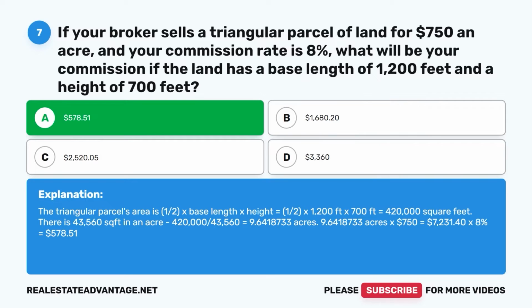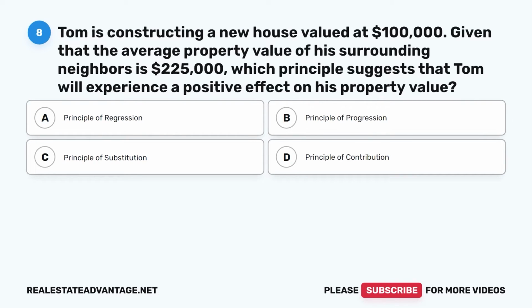There are 43,560 square feet in an acre. 420,000 divided by 43,560 equals 9.6418733 acres. 9.6418733 acres times $750 equals $7,231.40, times 8% equals $578.51.